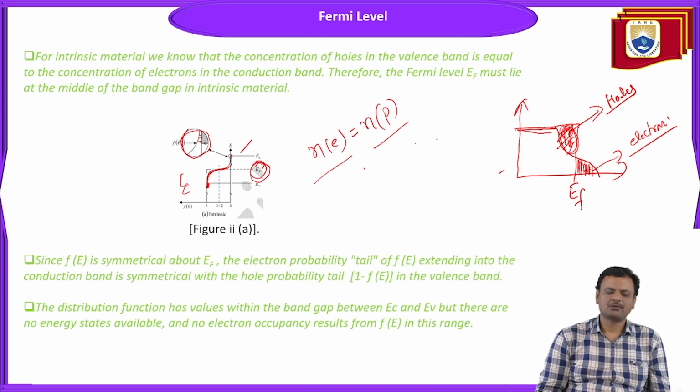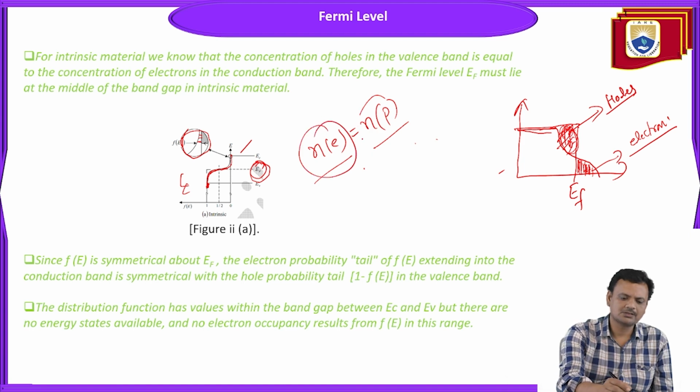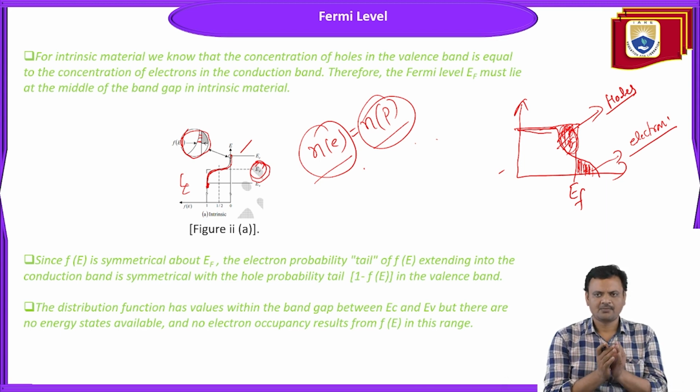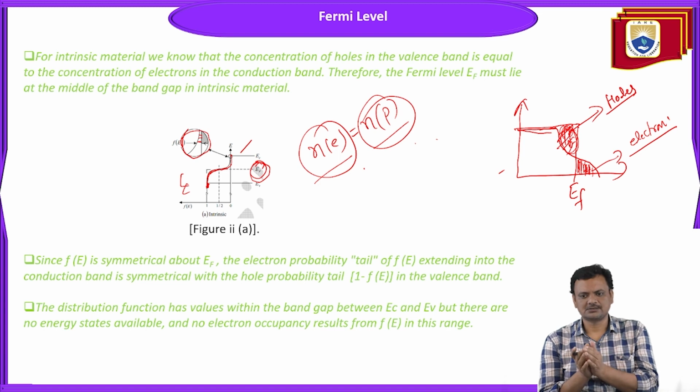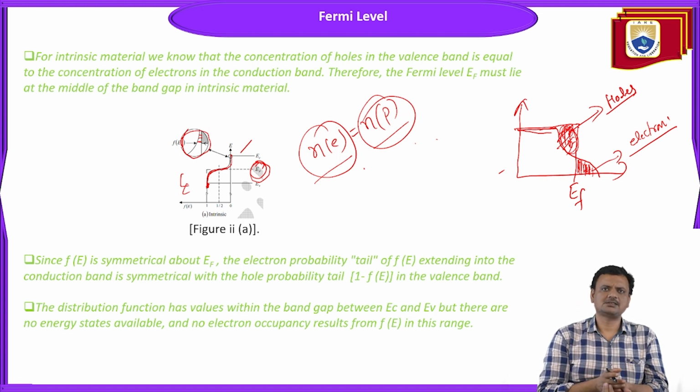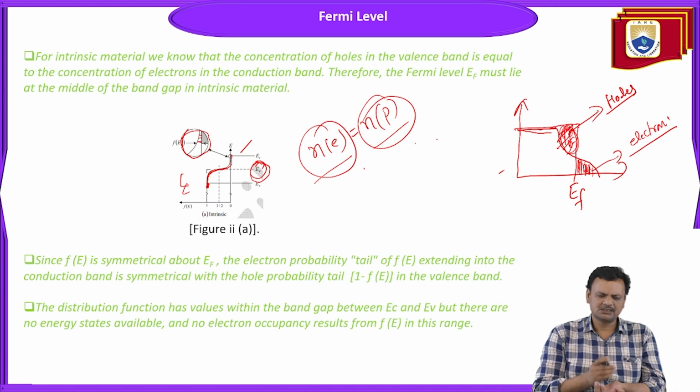Why? Because n_e is equal to n_p, the concentration of electrons in an intrinsic semiconductor is equal to the concentration of holes. So the chance for occurrence of electrons in the conduction band is the same as the chance for occurrence of holes, meaning unoccupied levels in the valence band.